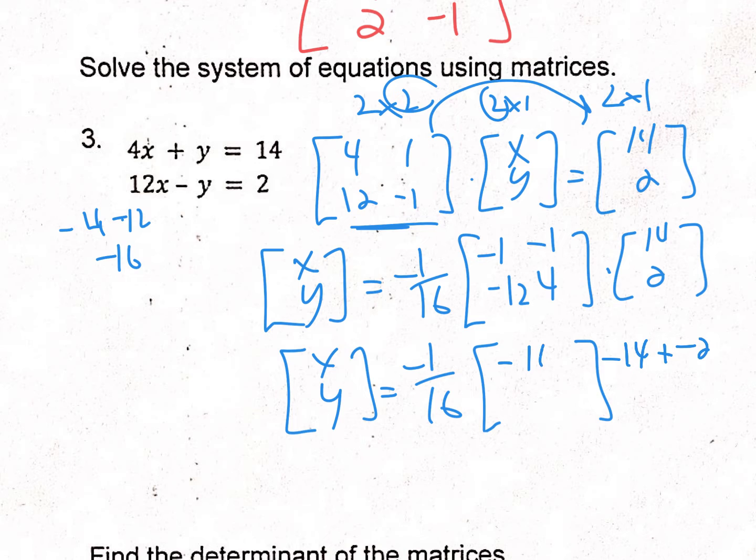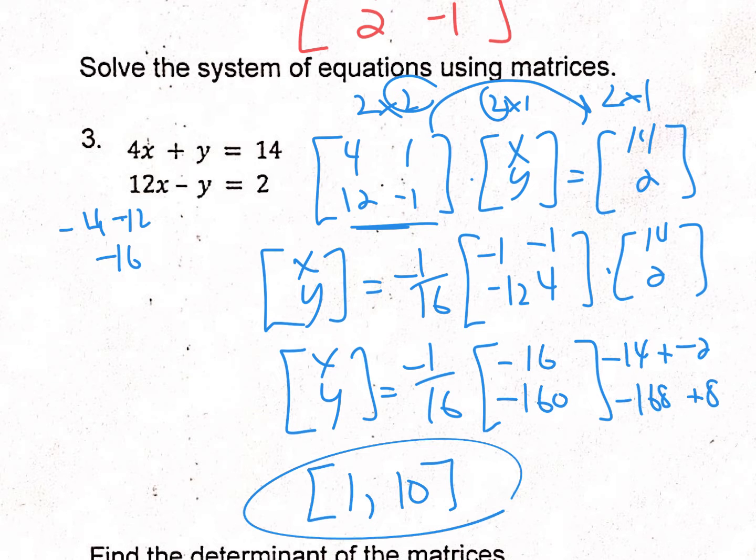That's awesome because it's -16, which works out great with what's in the front. Same thing on the second row. -12 times 14. Let's see, 144. That's -168 plus 8, which is -160, which is also awesome because 16 goes in there. Now for my final answer, I'm just going to multiply the -1/16 through, and I get a +1 and a +10. It's perfect. Good answer.